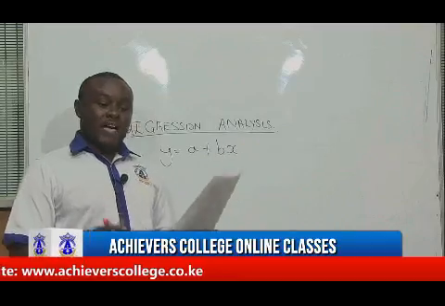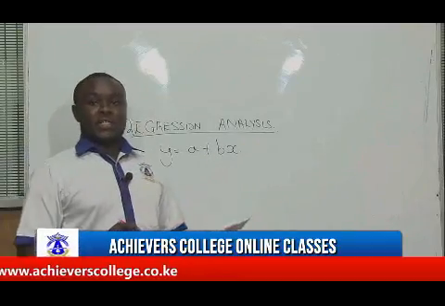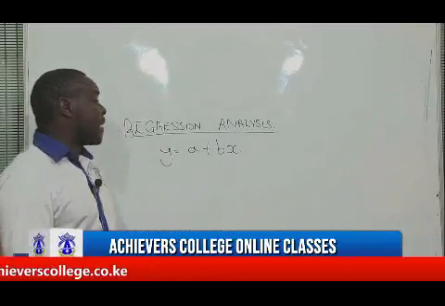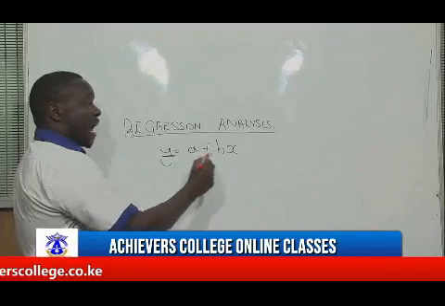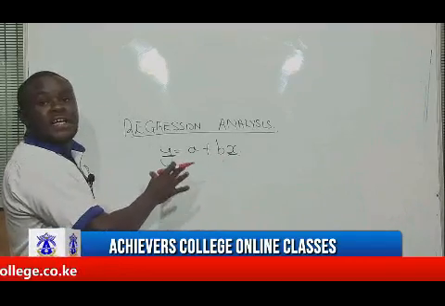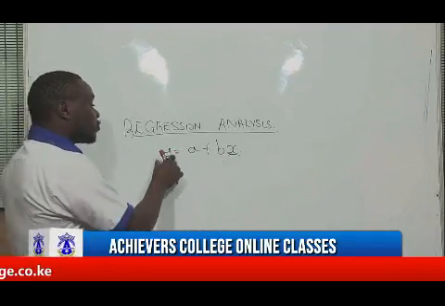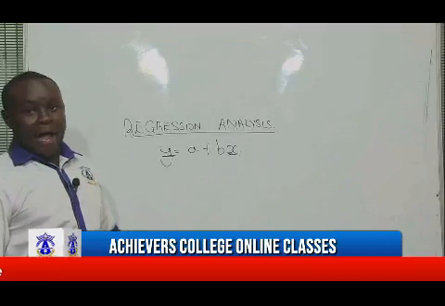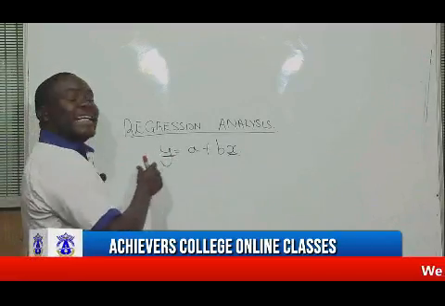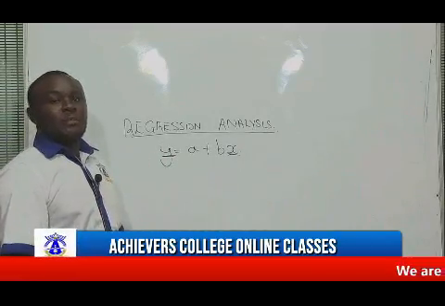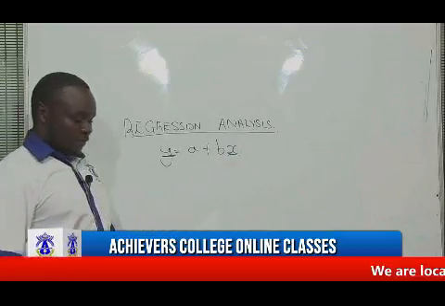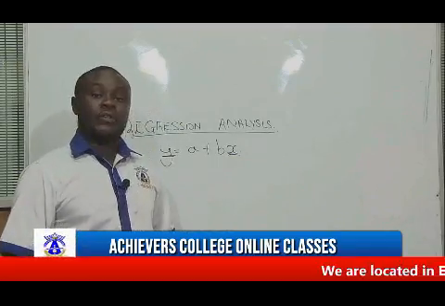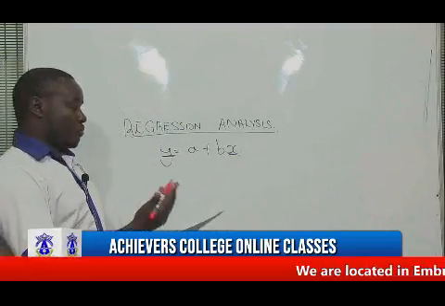It is represented by y and x in this equation. So these two are what we are calling variables. Why? Because y can change depending on the change in x.